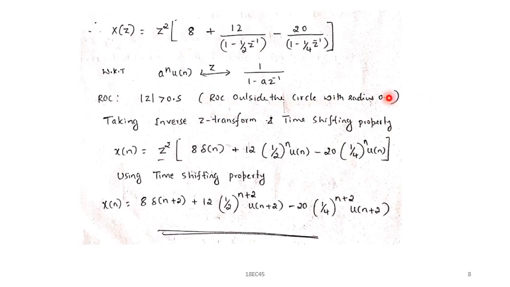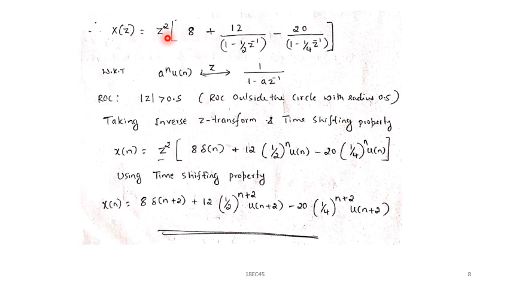So both these two terms are right sided sequences. Now you can take the inverse transform. Again I need to use the time shifting property of z transform, because here one more term is there, z square. For this particular term I have to apply the time shifting property. So first I will take the inverse transform of this, then I will apply the time shifting property.